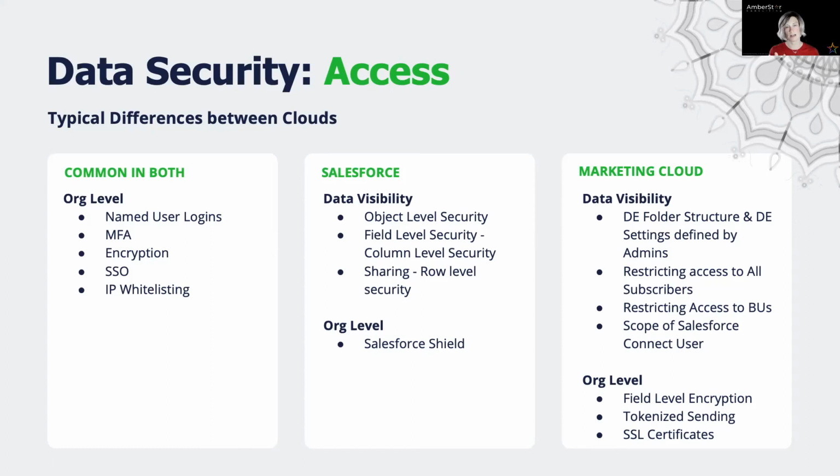Now, within Marketing Cloud, again, this is quite different. We don't have the concept of objects and we don't have the concept of profiles. Therefore, you can't control data down to a field level of access. So here, it's all about thinking about the folder structure.